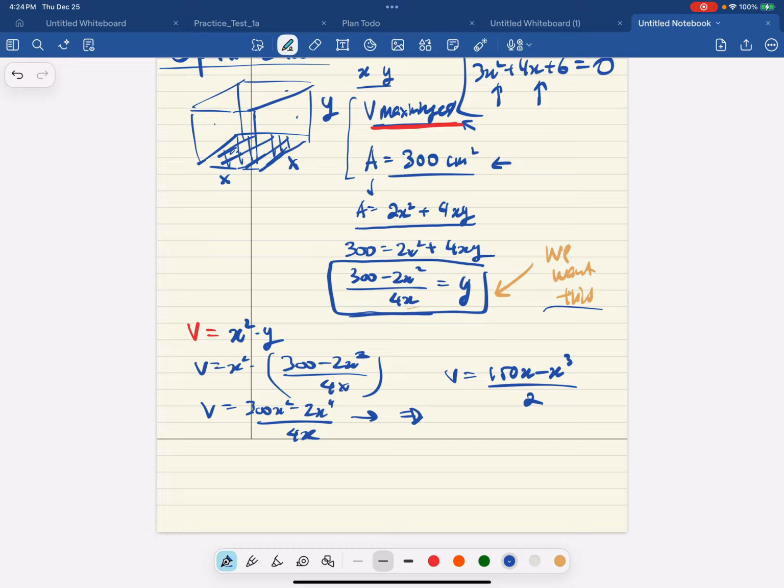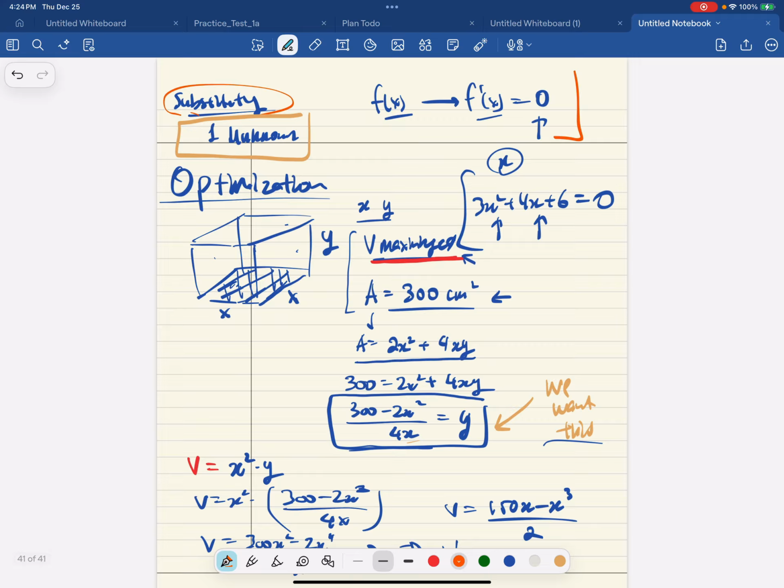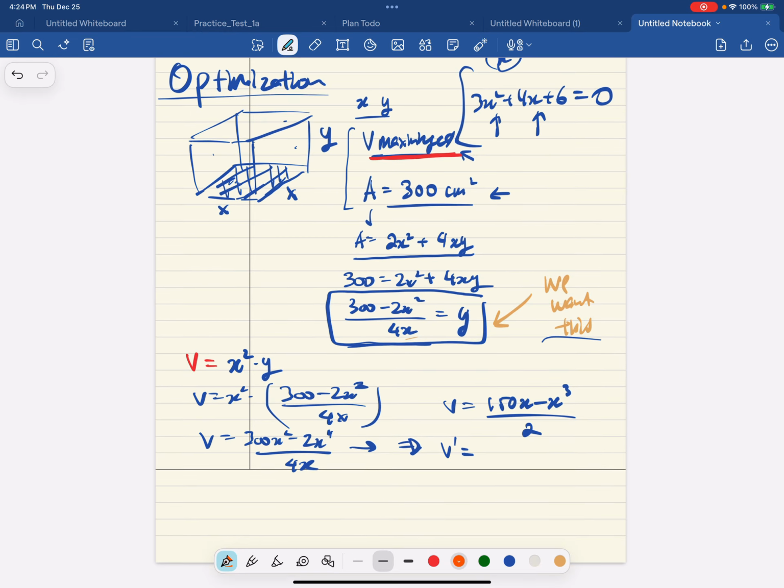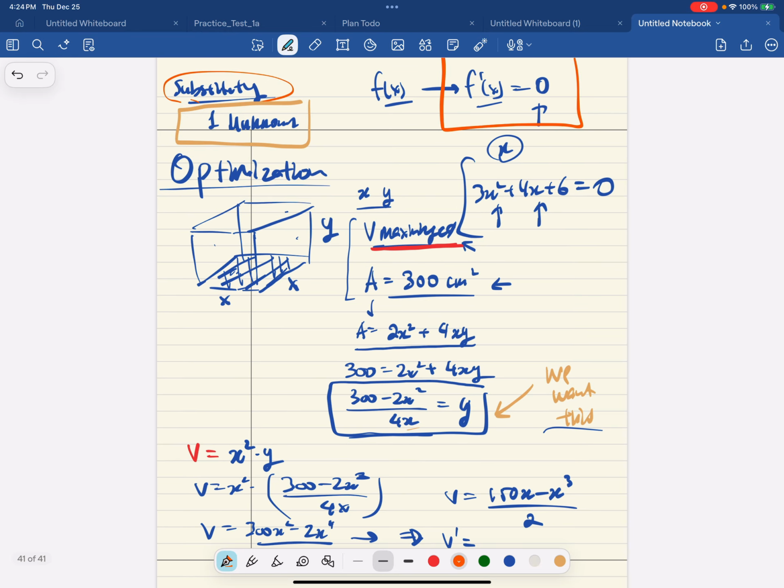So now is the time to derive. We can set v prime equal to something, and remember that we want to make v prime equal to 0, because optimization is all about turning your f prime, the new function that we found, and setting it equal to 0. If you derive this one right here, we know that 1/2 is just a constant. Treat it as a constant.